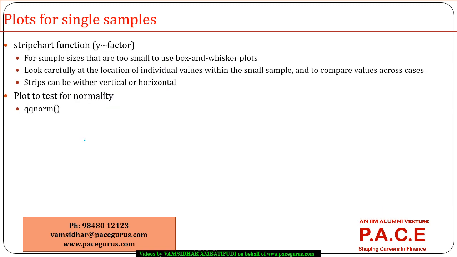Then you also have a strip chart, which is along similar lines, especially if I have samples which are too small in size, where a box plot may not be of much use, because a box plot computes median, Q1, Q3, outliers.